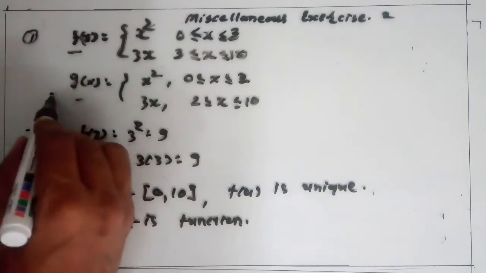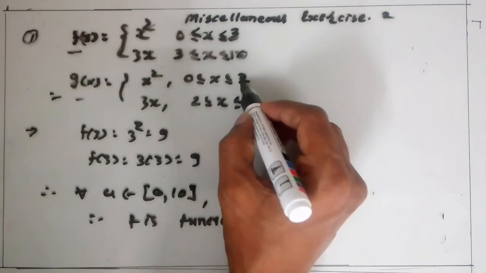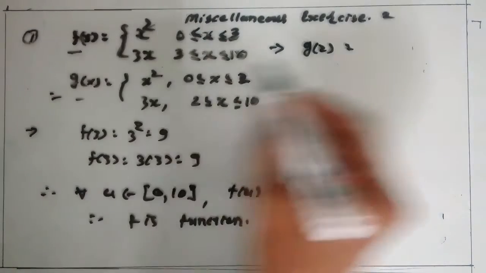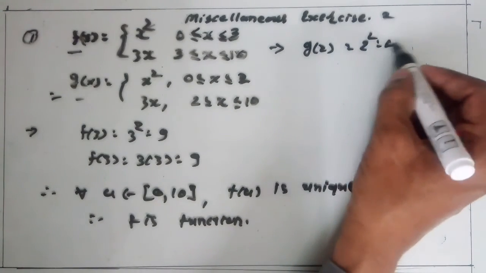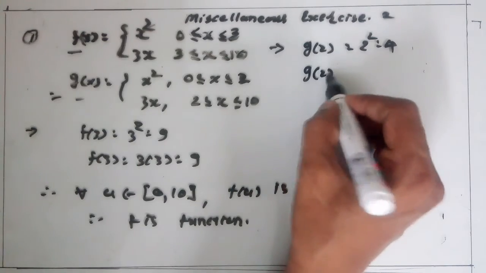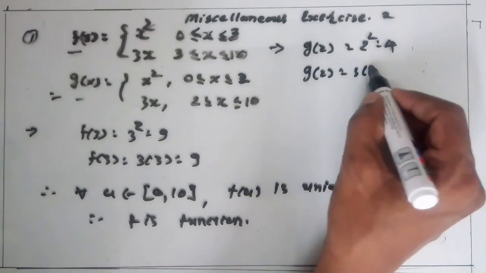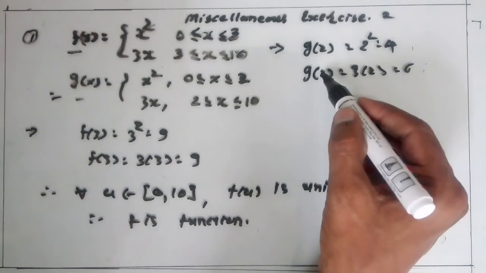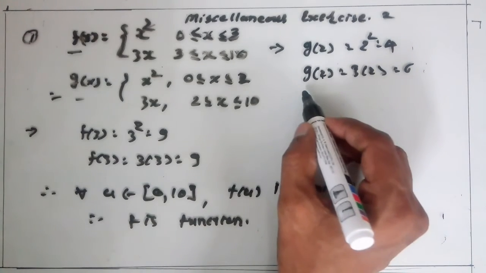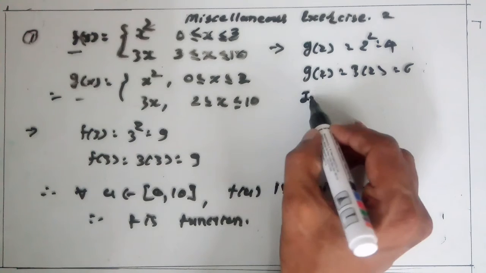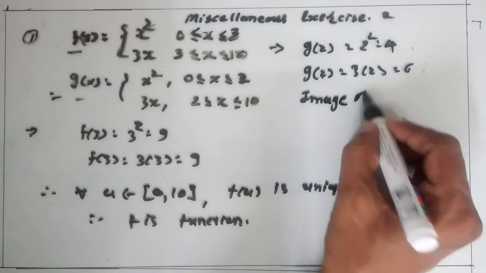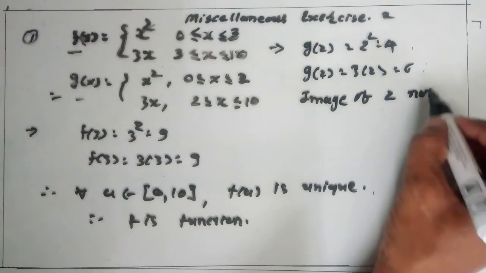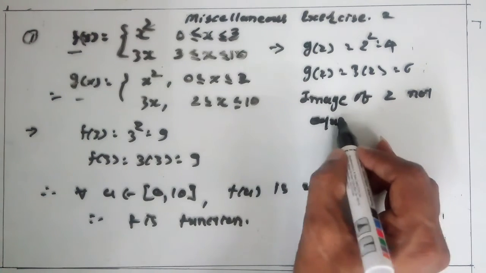Okay. Now for g, here discuss at 2. g(2) for this relation is 2 square, which is 4, and g(2) for the second relation is 3 into 2, which is 6. So g(2) is equal to 4 here, and g(2) is equal to 6 here. So the image of 2 is not equal.